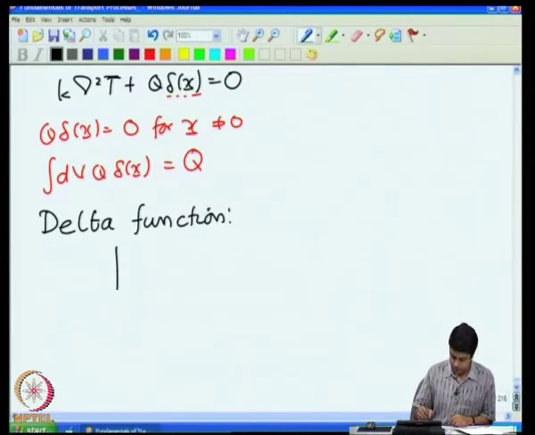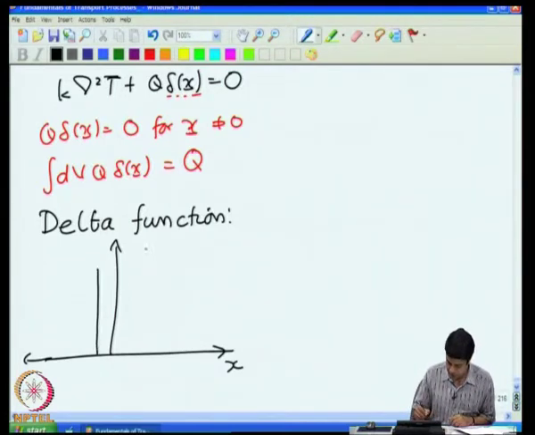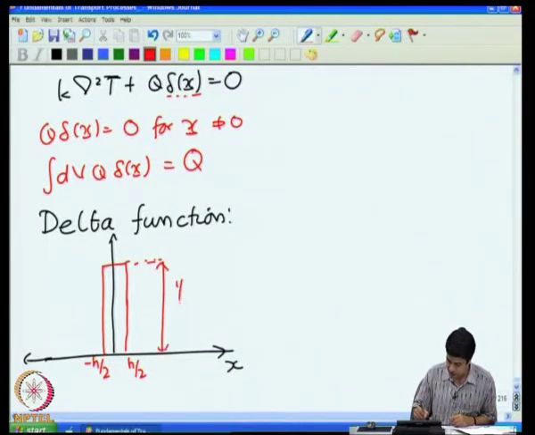In one dimension, this is x. If I take a function that looks like this, a function that looks like this, it goes along the x axis from minus h by 2 to h by 2, and the height of this function is 1 over h.